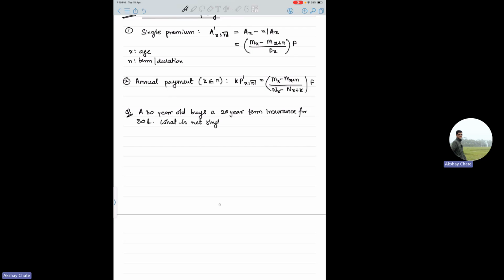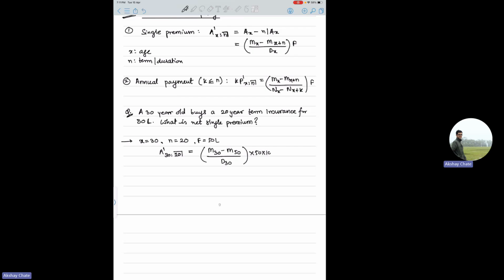So if he wants to pay the whole premium upfront, what should be the value of it? Here x is 30 because x is age, and n is 20 because he's buying it for 20 years. So the single premium will come out to be M30 minus M30+20, which is M50, divided by D30 into F. F is 50 lakhs.